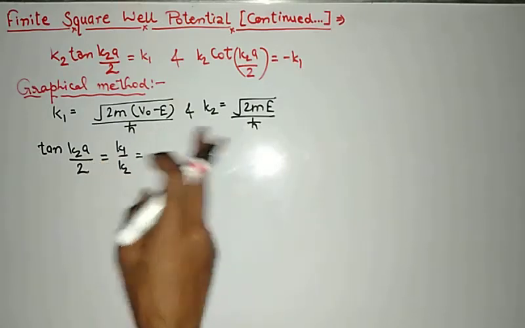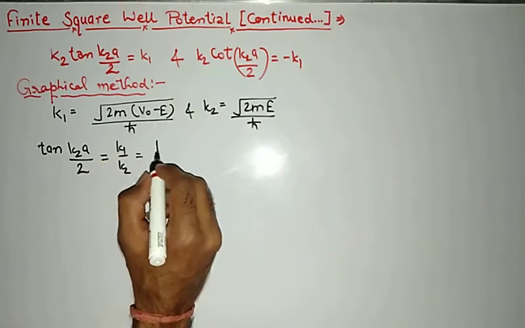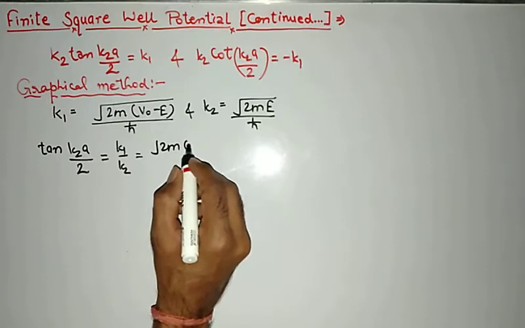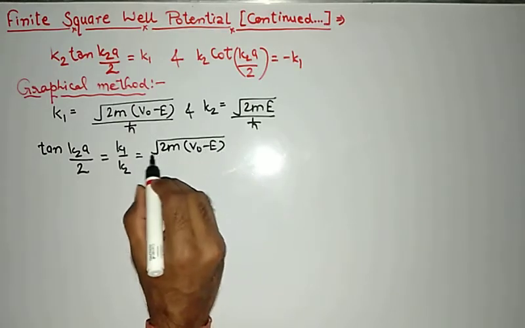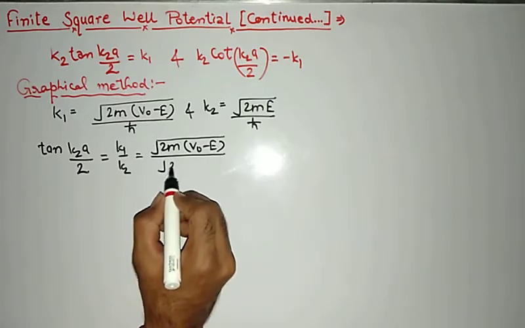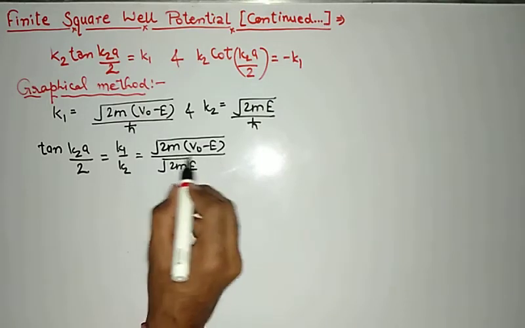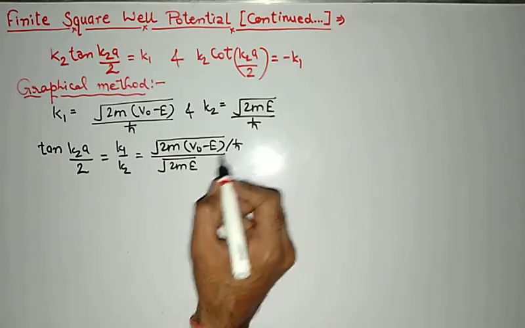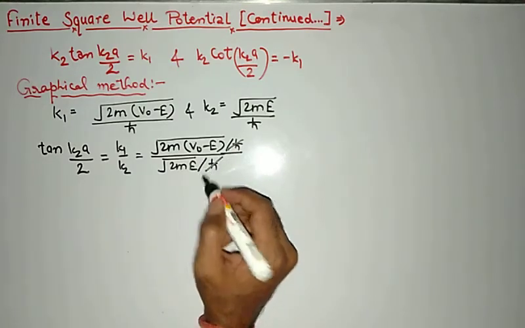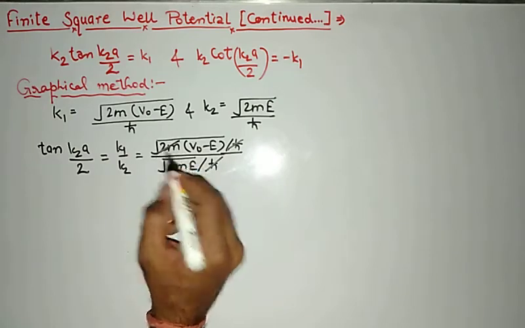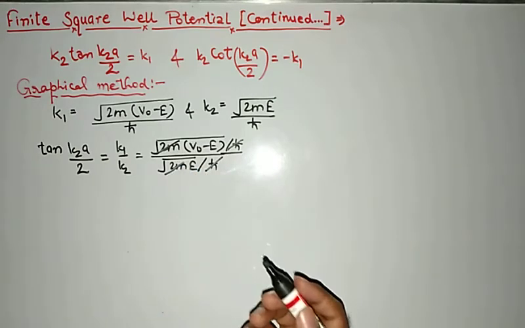So when you divide these both, what do we get? We get 2m(V naught minus E) upon 2mE, here upon h cut, here also upon h cut. So h cut is cancelled out and 2m also cancels out.